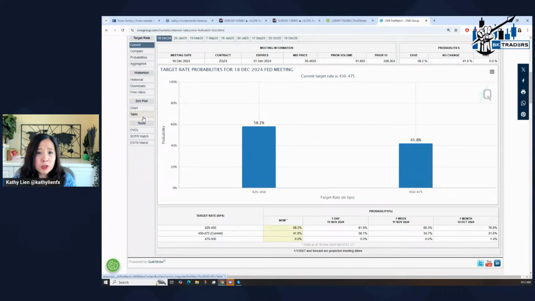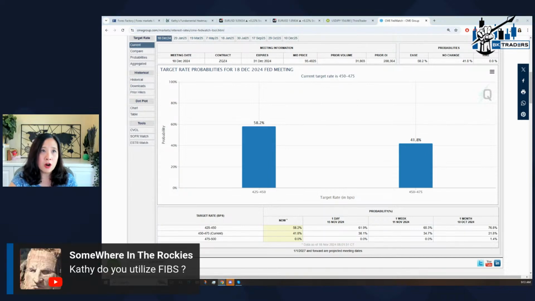Right now, the current interest rate is 4.5 to 4.75%, and if you look at the lower right, the market is pricing in almost a 42% chance of a pause by the Fed in December. Think about that.